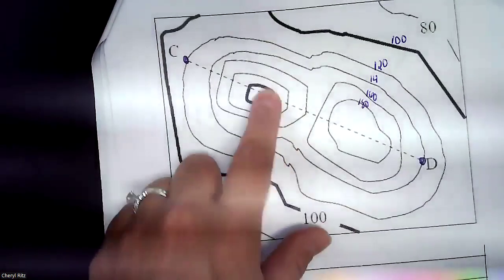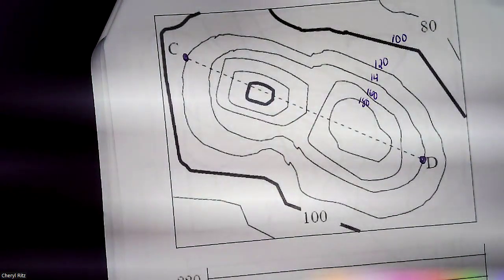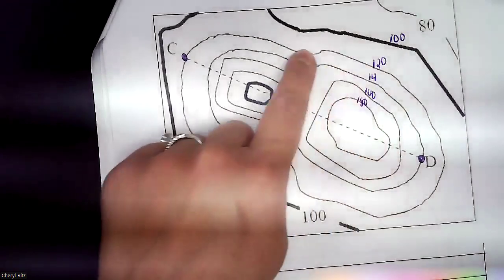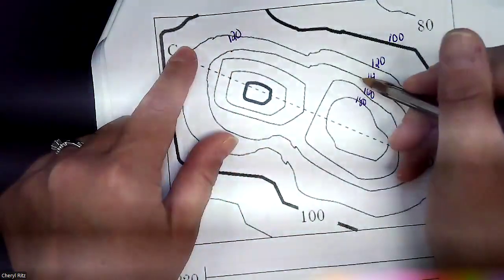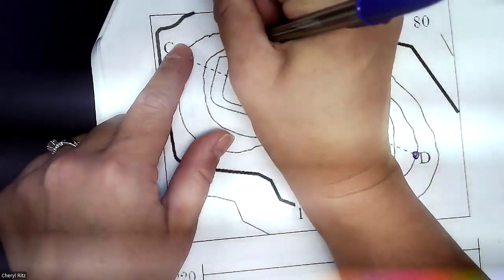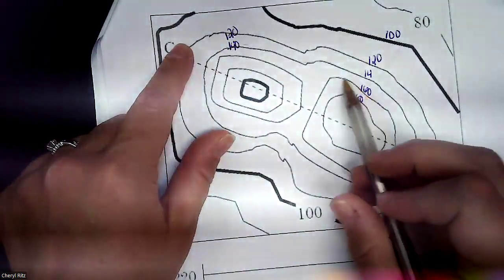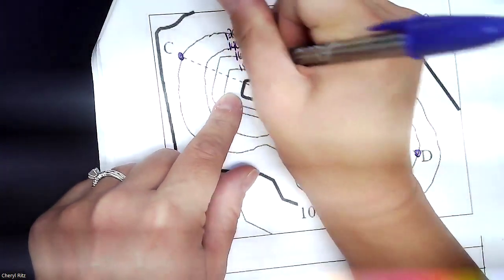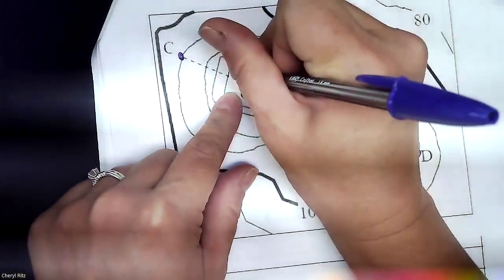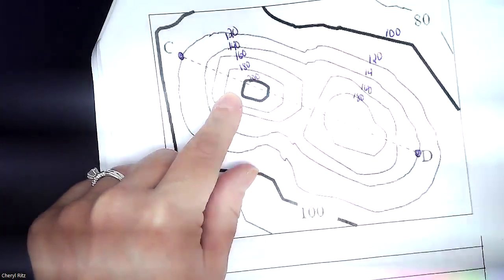We got a whole bunch of lines over here not labeled. Can you label those? Follow this over. 120. Follow this over. 140. Now this doesn't connect to the 160, but it's still 160. 180 up to 200.